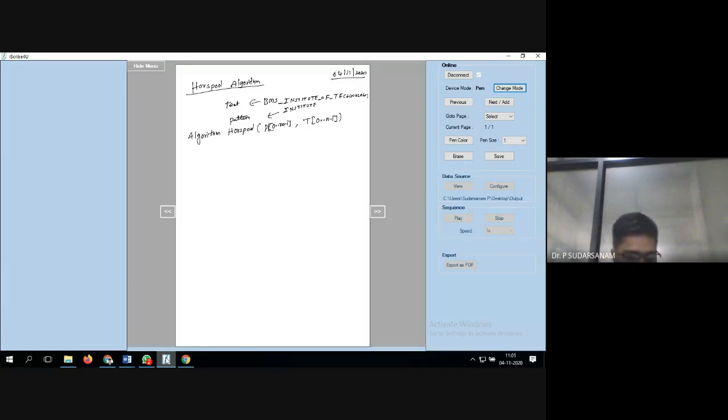Now we have to first write the shift table.